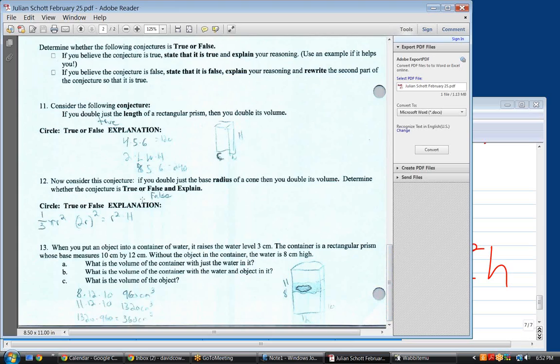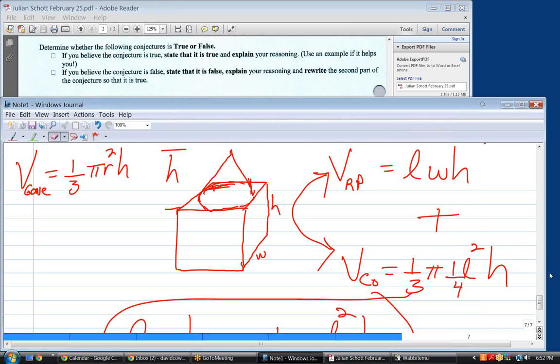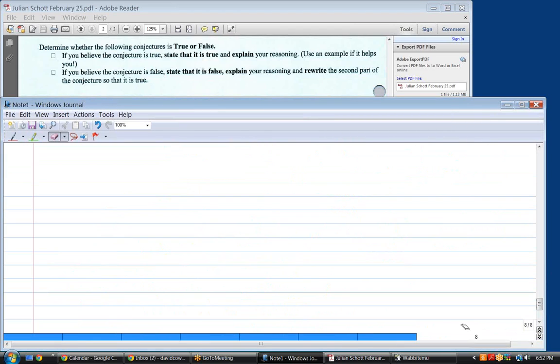So 12. If you double the base radius of a cone, you double its volume. Okay. Well, let's look at a cone. Now, if you don't know how to figure these out, the best way is to pick some numbers.